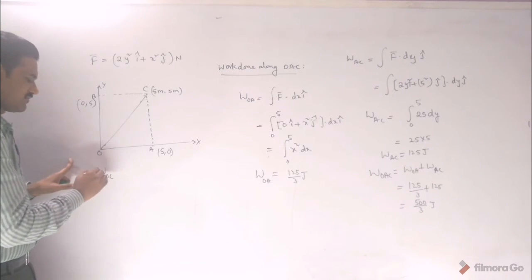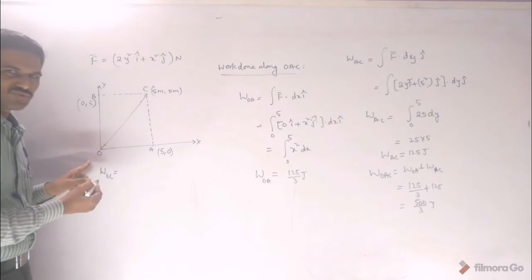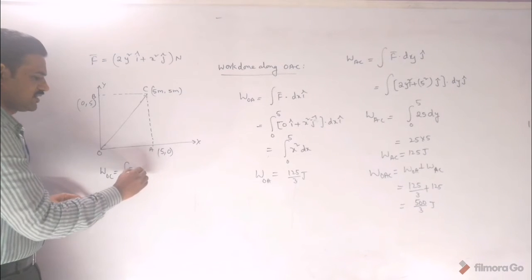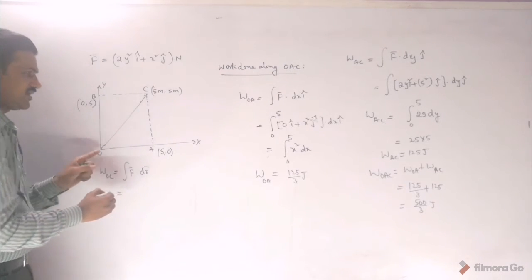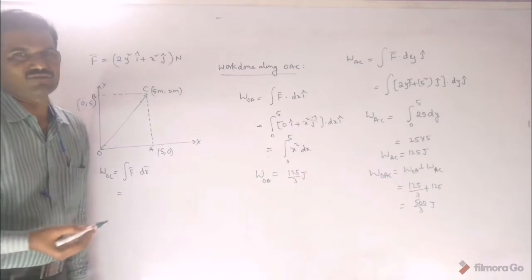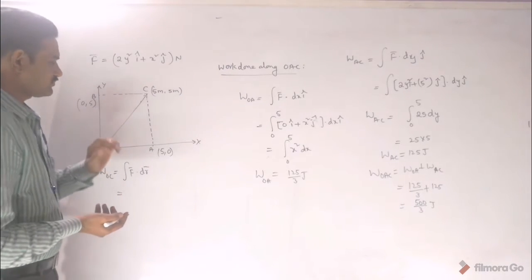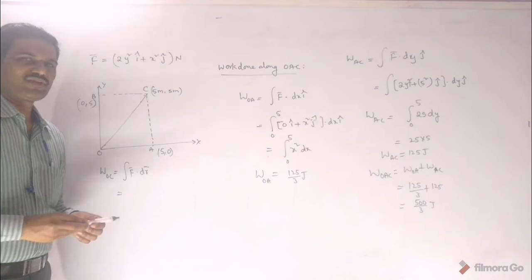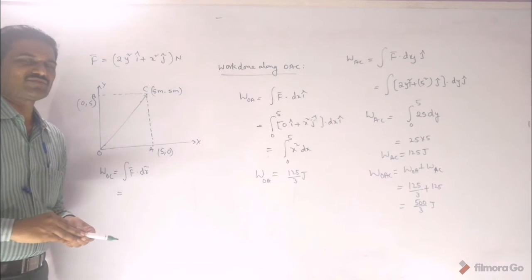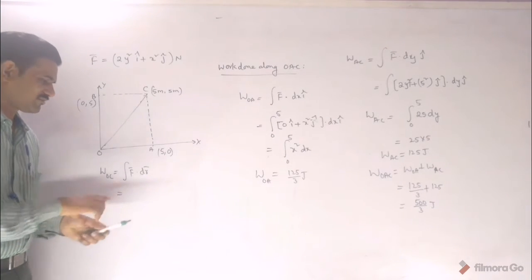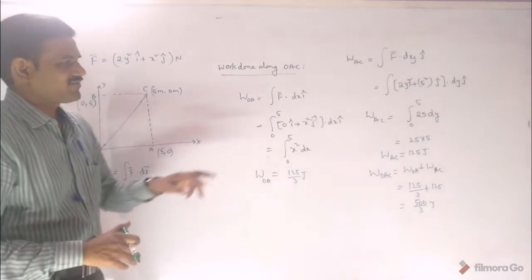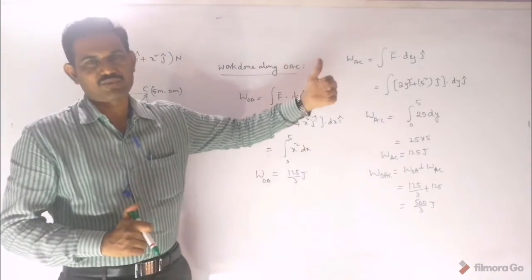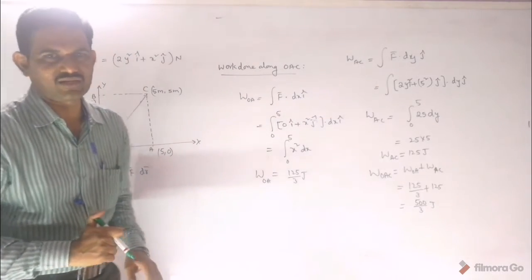I am explaining here because some substitution is required, so this is F bar dot dr bar. Now here, when the body is traveling along the OC path, you need to observe that both x and y are variables. That means both x value and y value are variable, so I am taking dr bar. Previously I took only dx and dy, because only that component was changing.